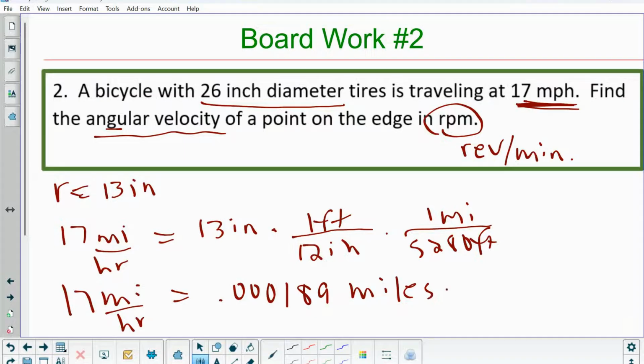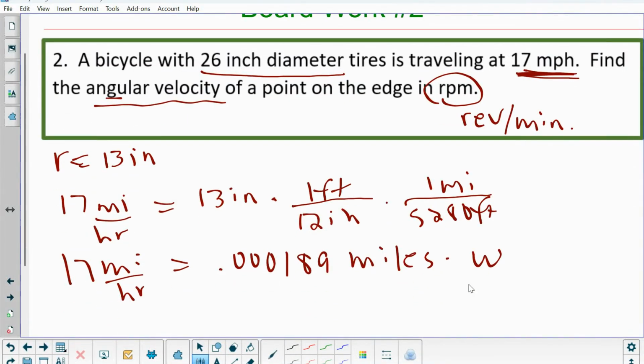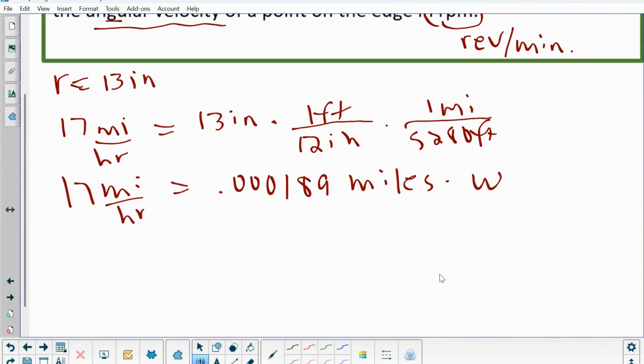Okay. Times the angular. So now I need to solve for the angular. So I'm going to divide 17 by that angular. And this is going to give me radians per hour when I'm done, because when I solve for angular it is always in radians. So when I divide or multiply to solve for this, it's going to give me a radian.